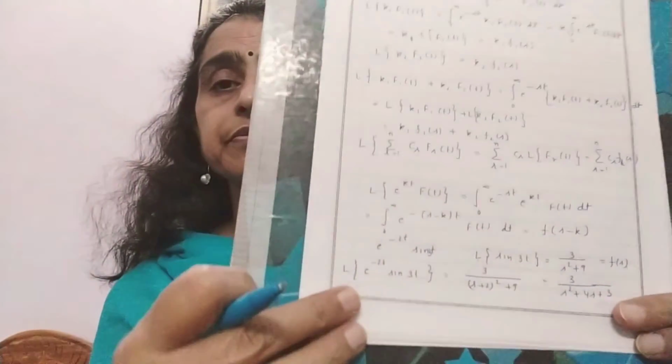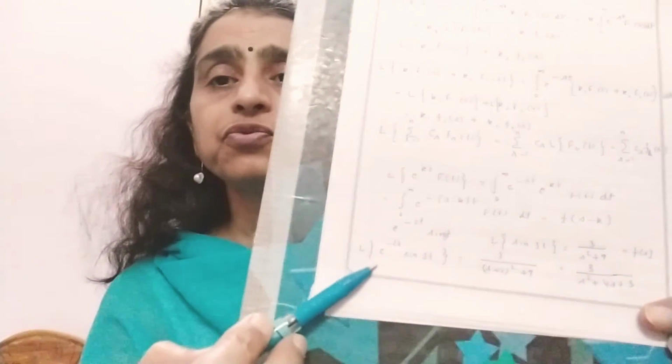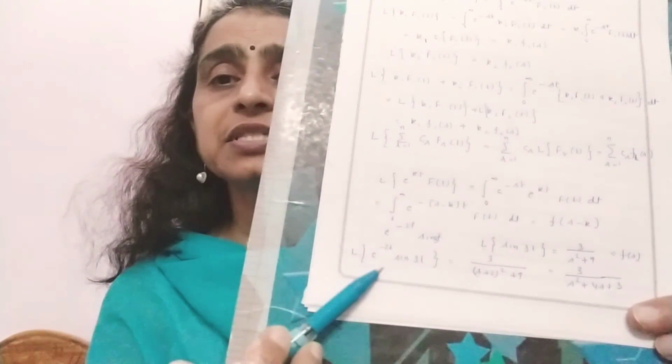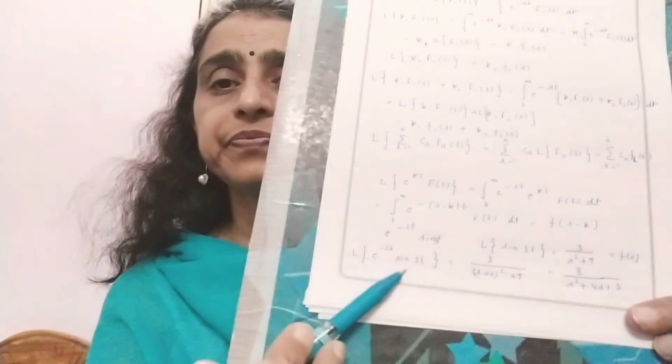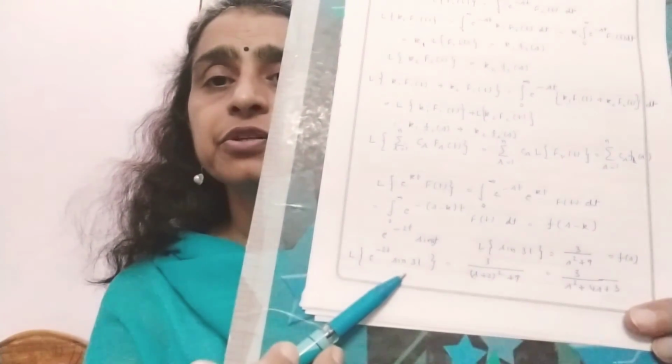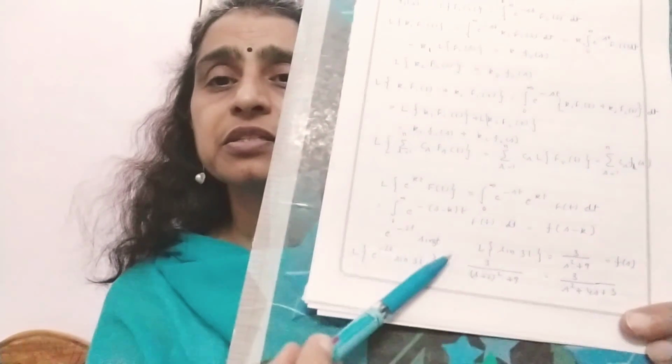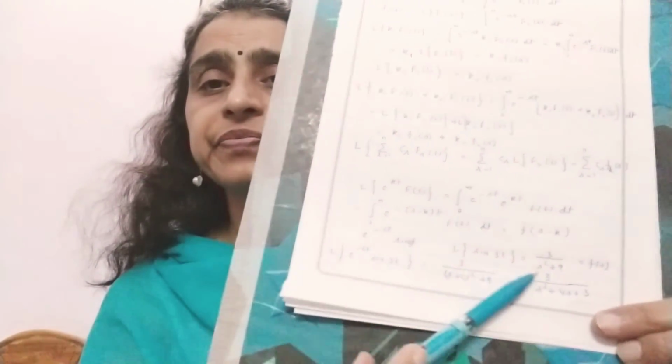Like this. Initially our example was this one. What we have done? First we have solved the part of this function like this.